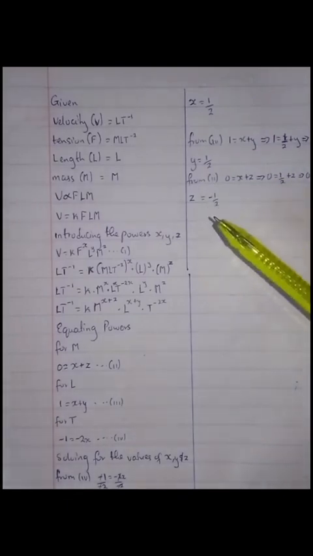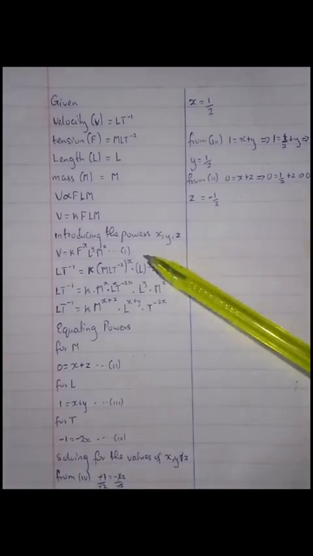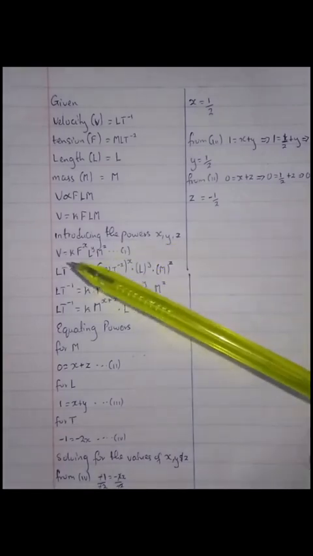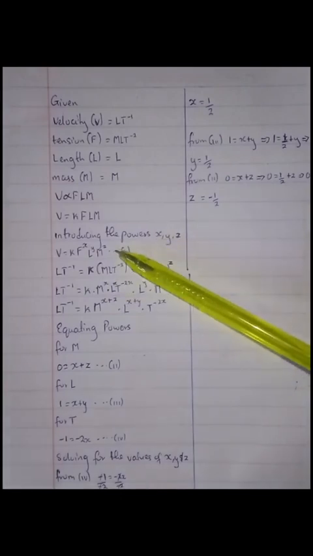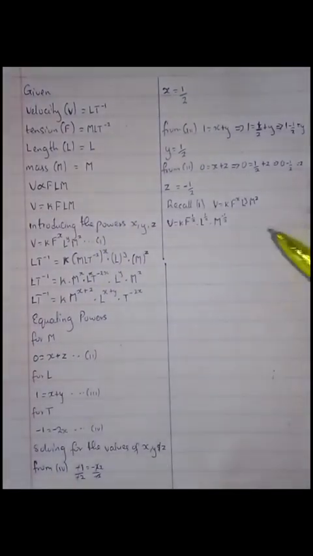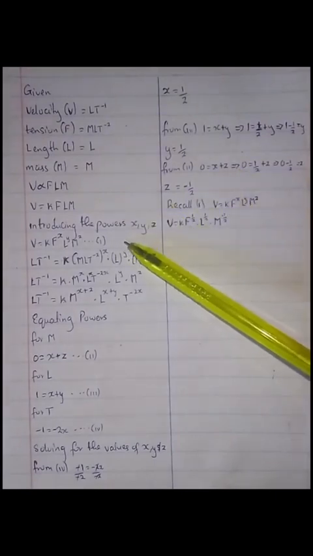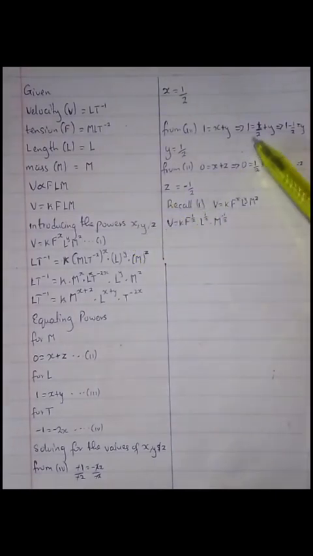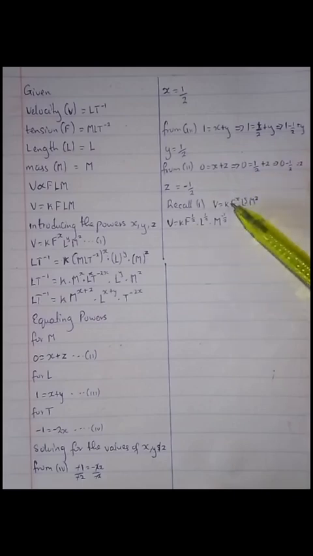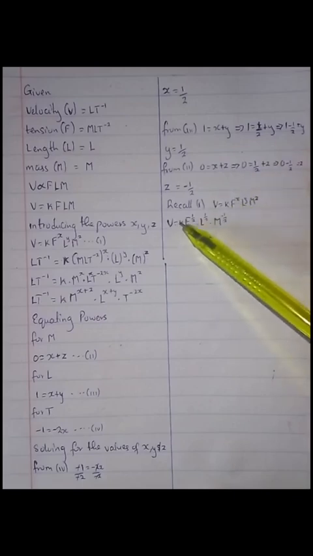We recall equation 1. Remember what we did last time? We recall equation 1, which is this. Now the next step is to substitute the values of x, y, and z into this equation 1, which is V equals K F to the power of x.